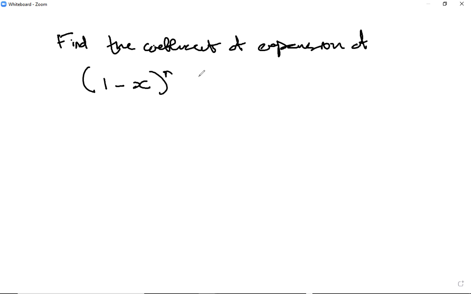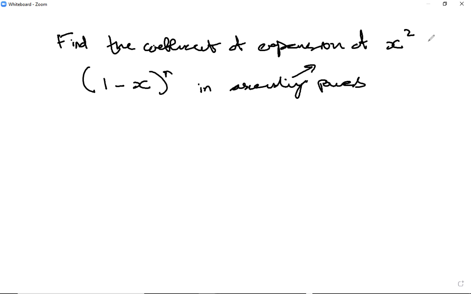So they're saying, find the coefficient of the expansion of this in ascending powers, meaning going up, right? Ascending powers of x, all right? Find the coefficient of the x squared term.